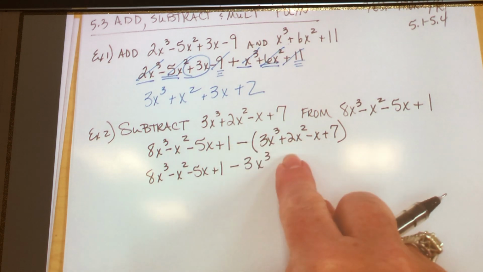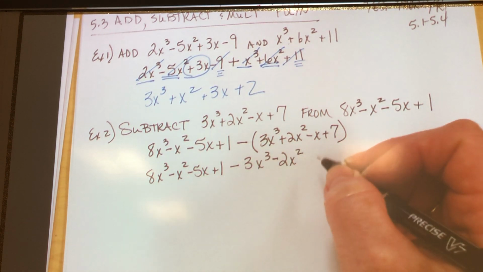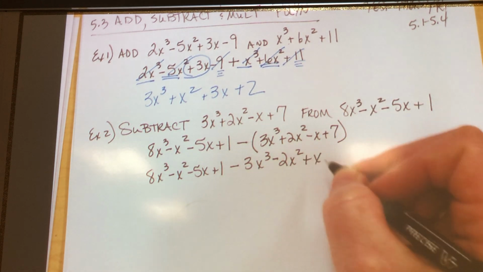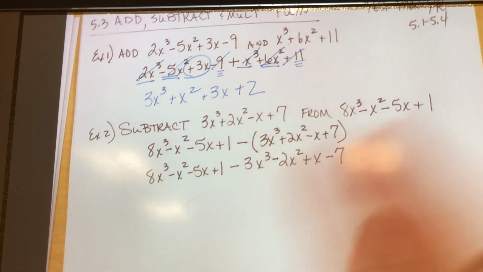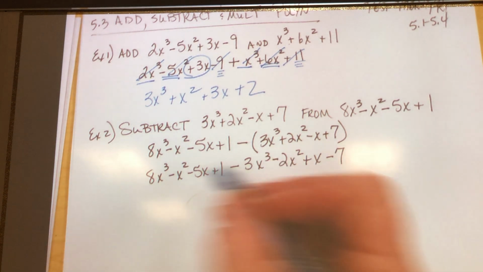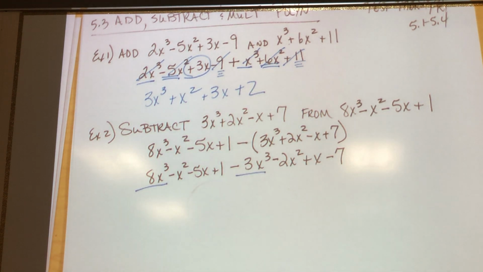The opposite of a positive 2x squared is negative 2x squared. The opposite of a negative x is a positive x, and the opposite of a positive 7 is a negative 7. And now it looks just like the problem above, right? We start with my highest exponent, which is what? So I have 8x to the third minus 3x to the third.